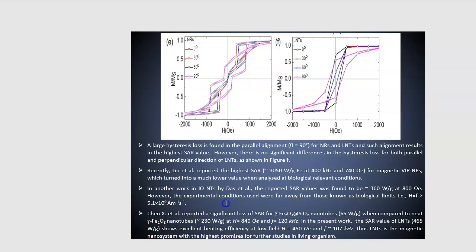In another work by Das et al., the reported SAR value was approximately 360 watt per gram at 800 Oersted. However, the experimental conditions used were far away from the biological limit. So, in brief, we can say that our long nanotubes are showing excellent SAR value under clinically relevant condition, and they are interesting for in vivo hyperthermia application.